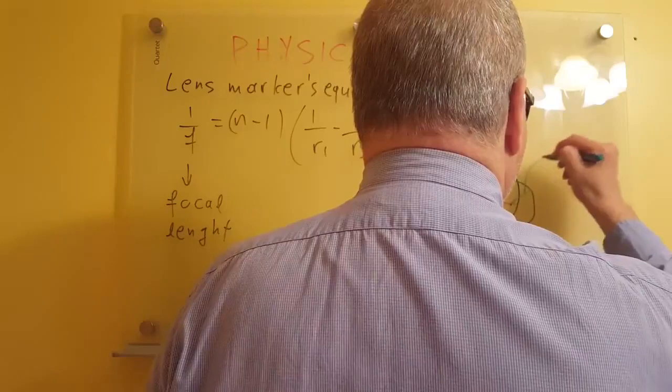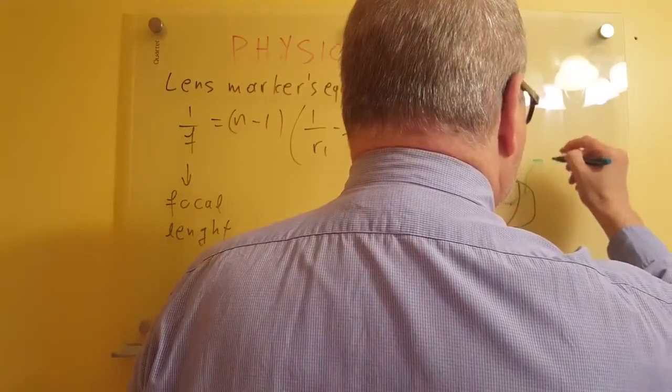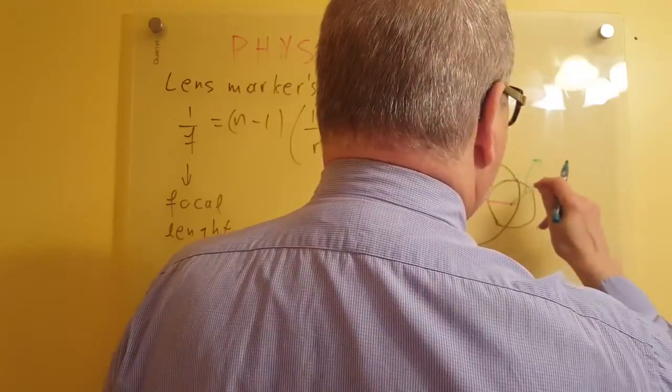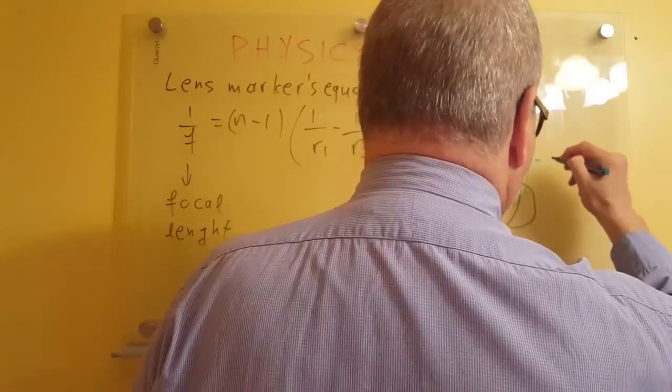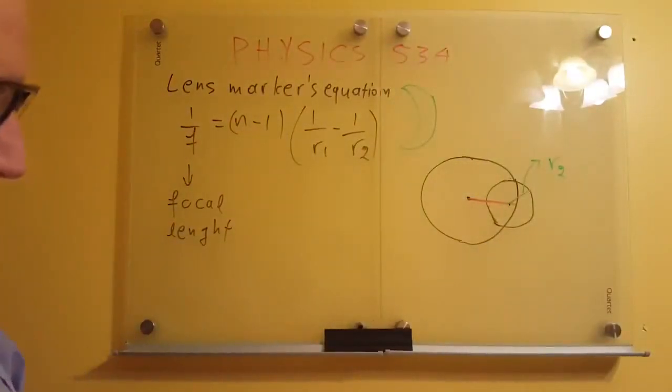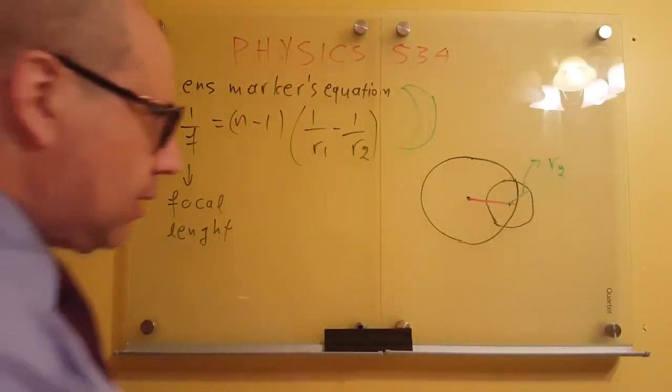So just to make sure that we understand what we are doing, let's say this is the R2 and this here is the R1.